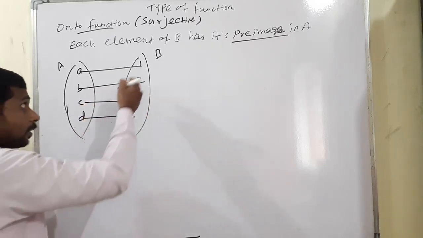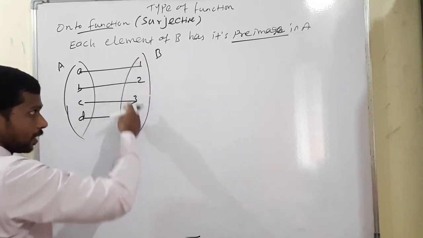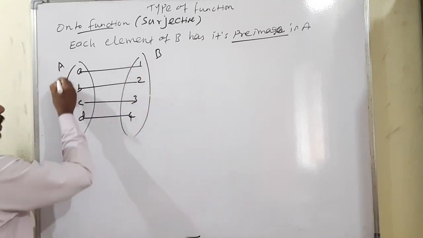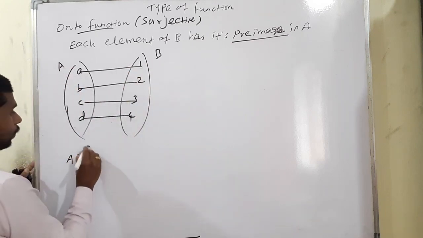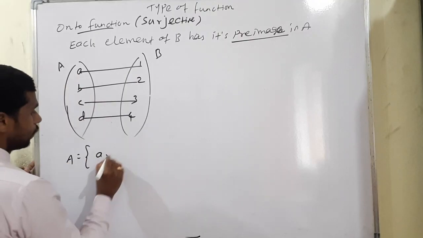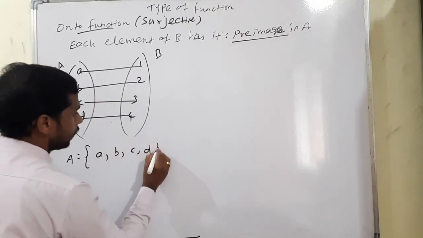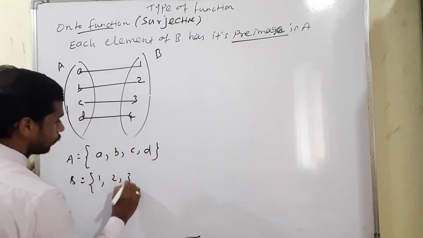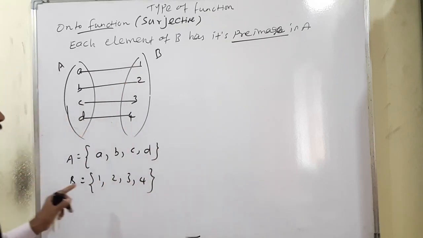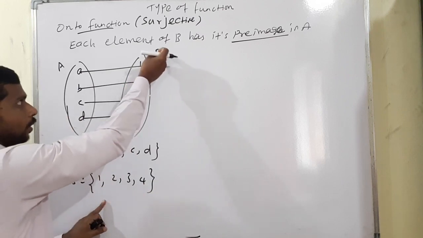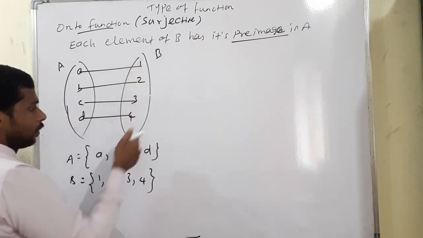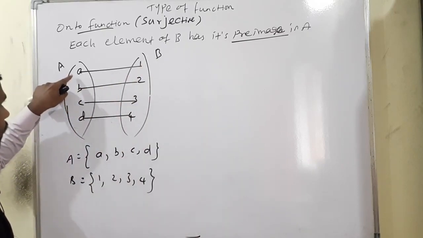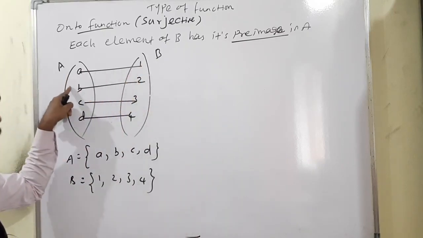Why? The number of range is equal to the number of codomain. Example, how to write it: A is equal to the set A, B, C and D. At the same time B is equal to 1, 2, 3 and 4. So definitely this is the codomain. So the number of codomain is equal to the number of pre-image.